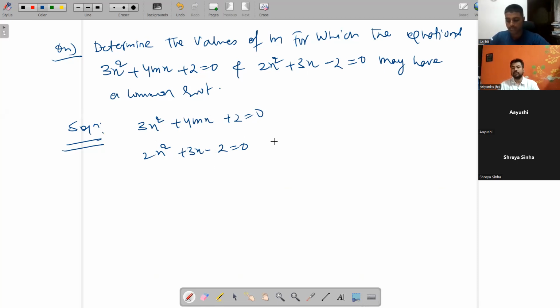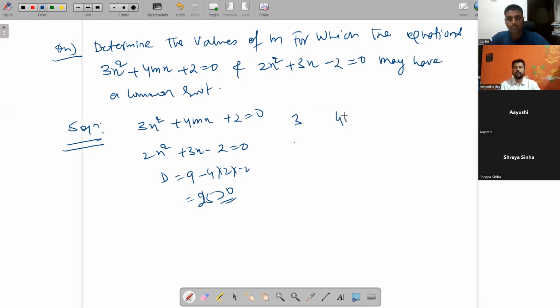First, we can see that if you find D, B square minus 4ac, it will be positive, so it will have some real roots. Now we'll apply the same thing. Find B square minus 4ac here. So this is 25, that is a positive value. So this will have two real roots.